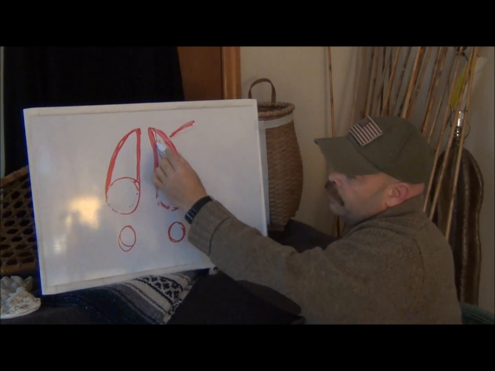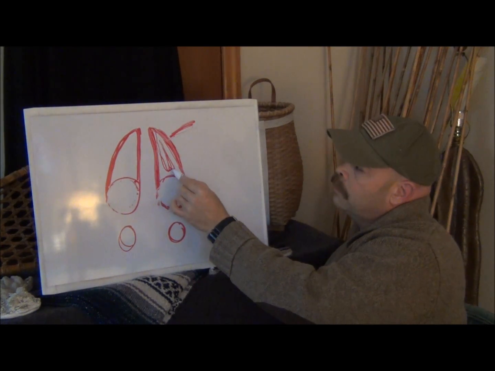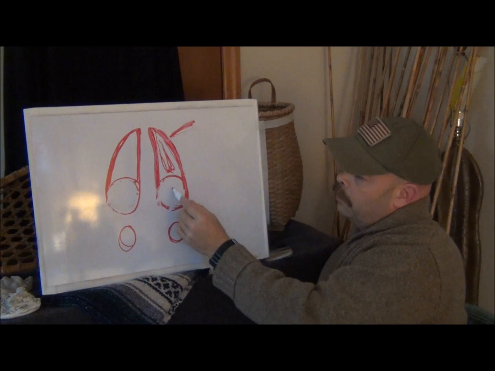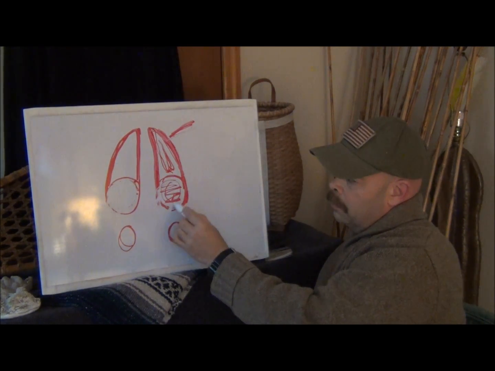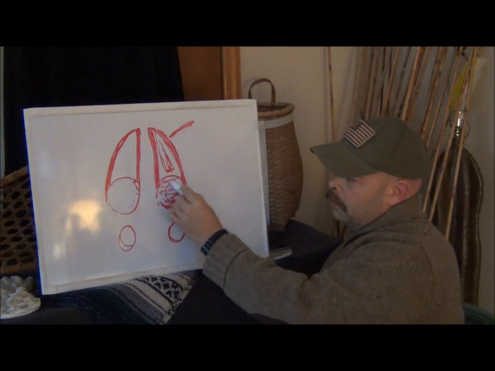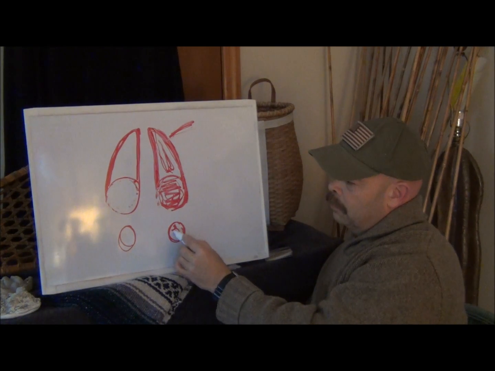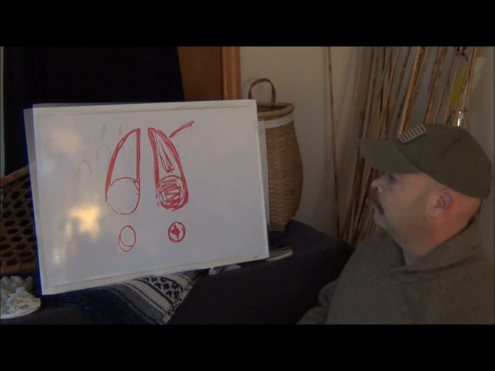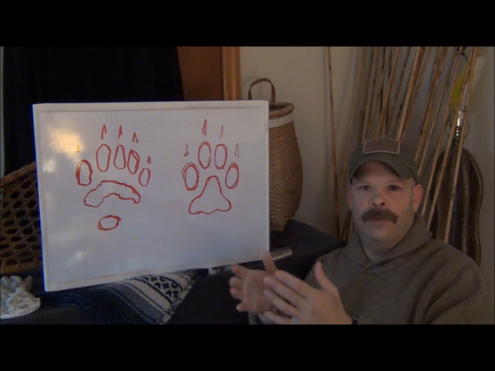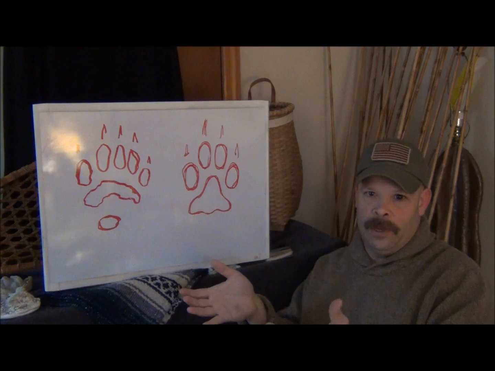This part inside the clout would be known as the subunguinus. This part here is the pad. And then finally, you have your dew claws. So guys, that's it as far as the anatomy and nomenclature of an animal and the track that it leaves behind.